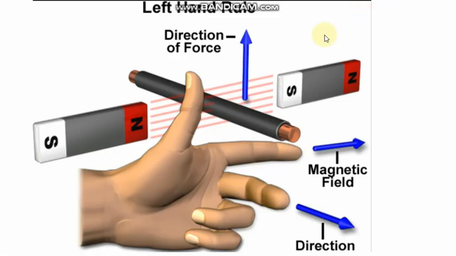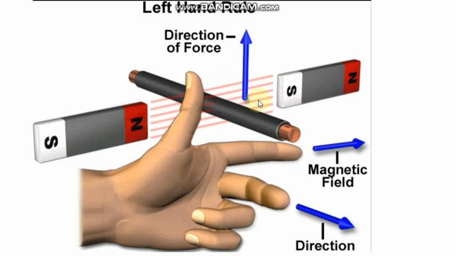Now let us consider the left hand rule, which will give us the direction of the magnetic force acting on a charged particle which is moving in the magnetic field B. Now here you can see the magnetic field lines.